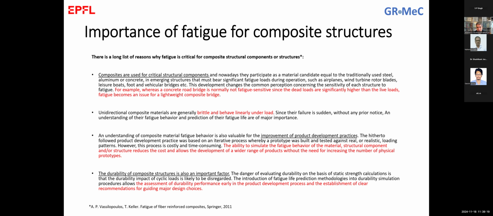We can see that composite materials retain their strength until failure. And then we have this kind of sudden death phenomenon, as we call it. So the material fails without identifying any damage. And that's why we should be able to predict this by understanding fatigue behavior.